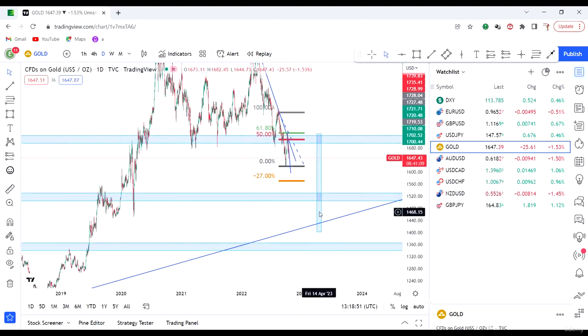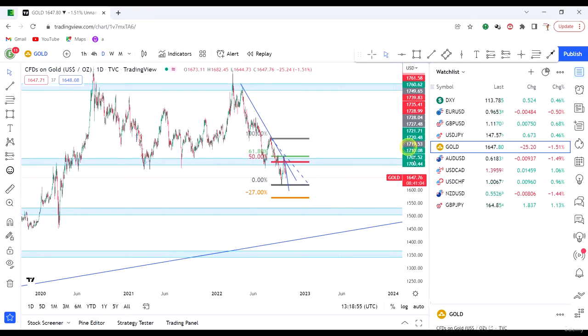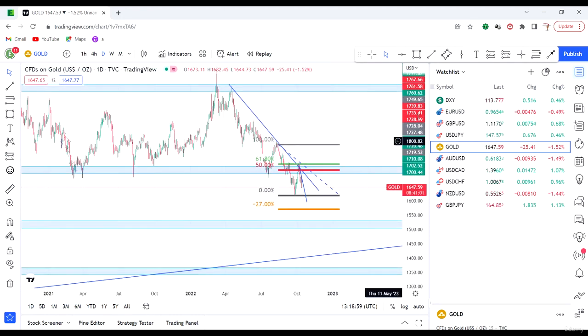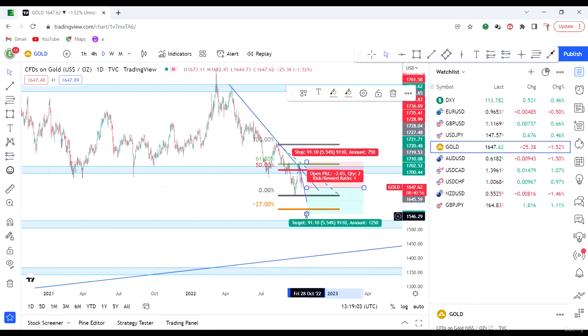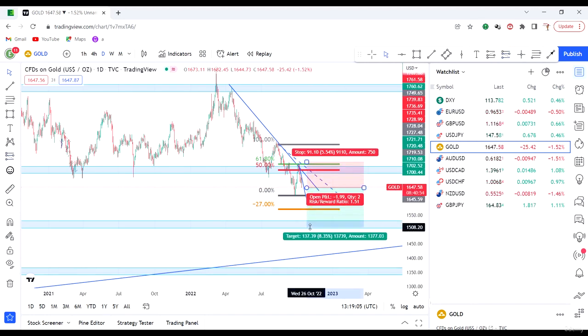Now, how many pips can we make from this market? Let's say we entered a sell trade and kept selling. We can receive up to 1,373 pips from this market.